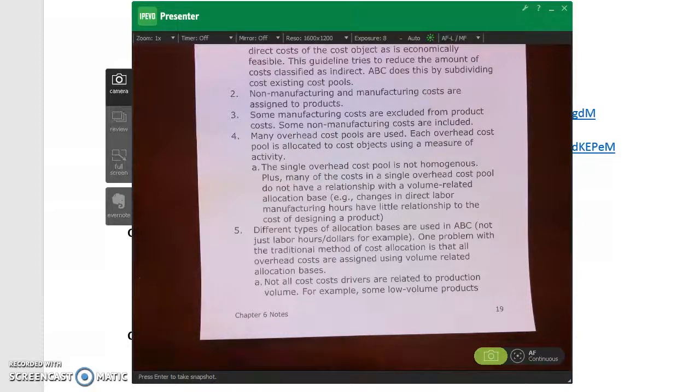But again, as I talked about with setup costs, not all costs vary with volume. So you're distorting the cost allocation by allocating out costs that don't vary with volume using a volume-related allocation base.